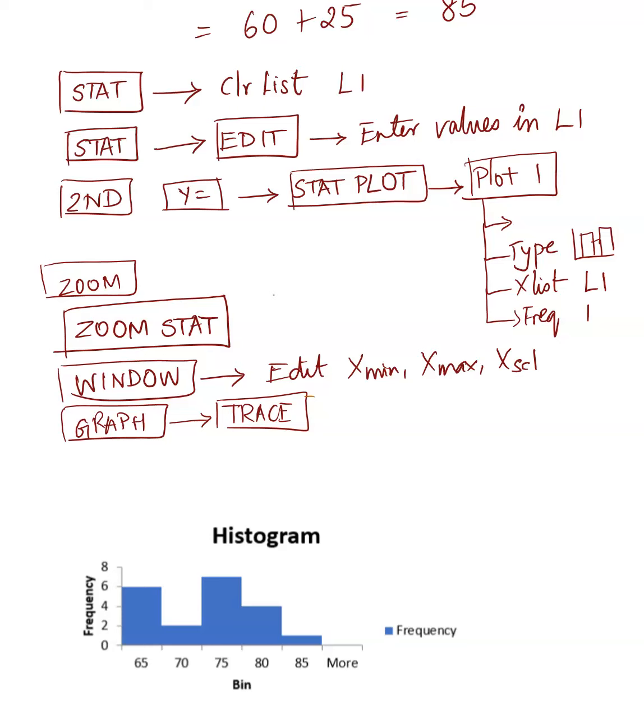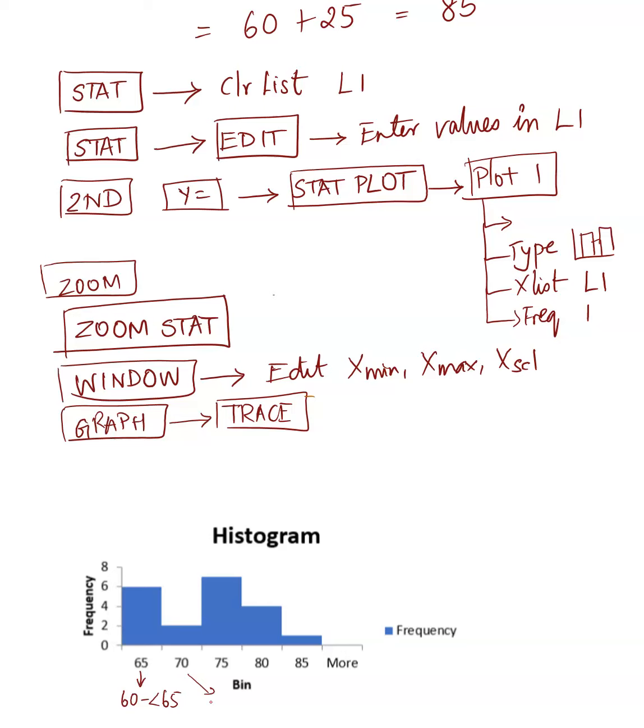But when you do the trace, it also shows you minimum 60 to 65, so you can see that this part is 60 to less than 65, right? Because it says maximum is less than 65. So this one is the second bar. When you click trace, your cursor is already on the first bar.